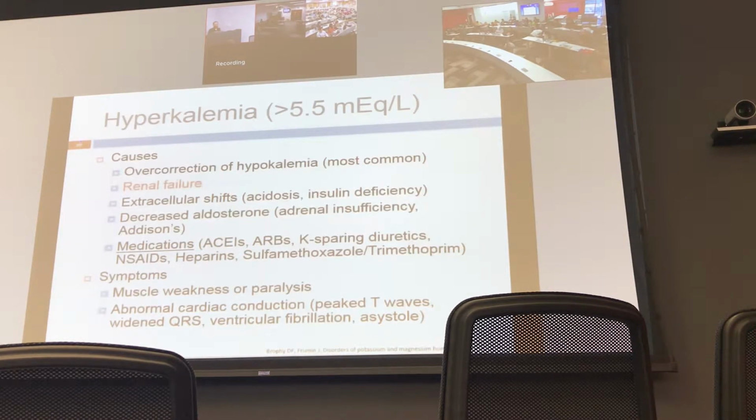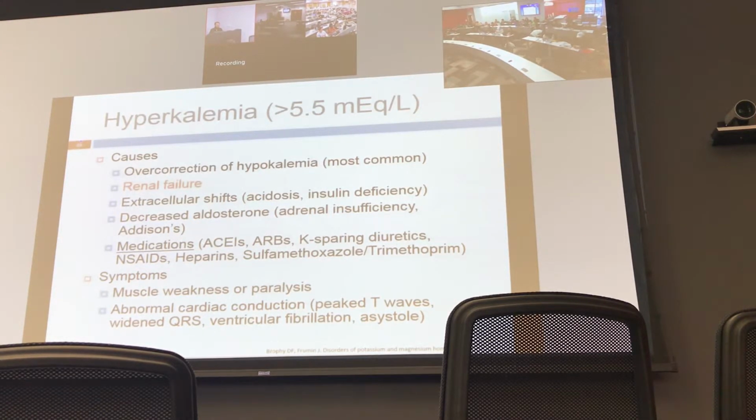Hyperkalemia most commonly can be caused by overcorrection, but renal failure is another major cause, particularly severe acute renal failure or patients who are non-compliant with their dialysis. Again, extracellular shifts can cause it, so acidosis. In this case, it's very common in DKA because you have a combination of insulin deficiency and severe acidosis.